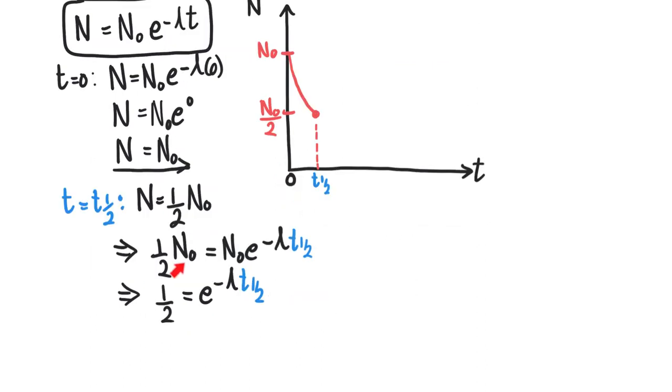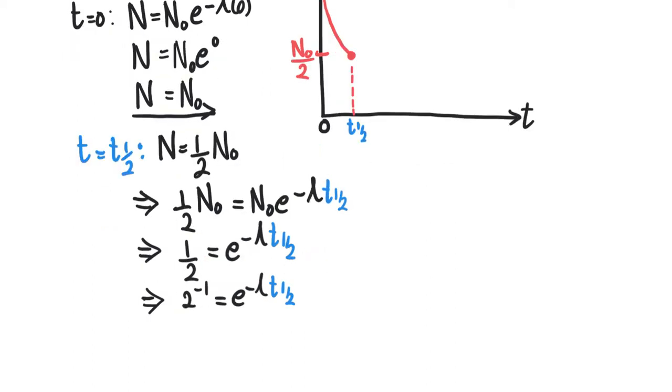Now, mathematically speaking, N0 cancels in this equation, because we can divide by N0 on both sides. So a half equals e to the minus lambda T1/2. Now this is pretty significant, because what this is saying is that the nature of the graph does not depend on the initial starting condition of this particular system.